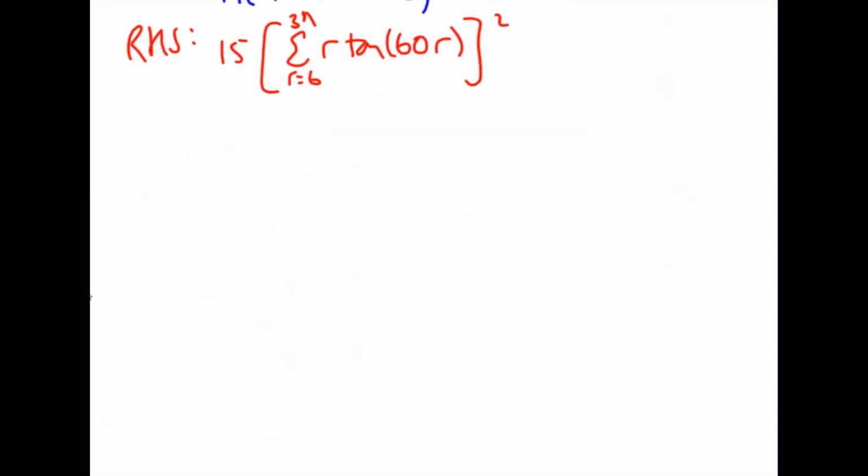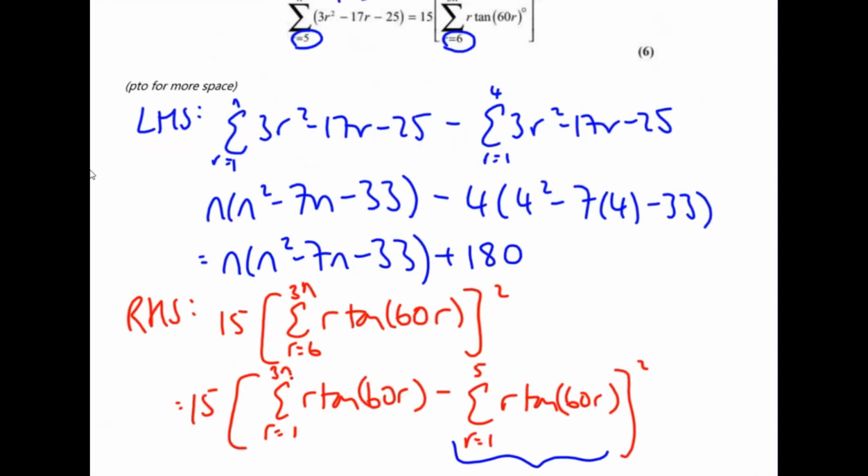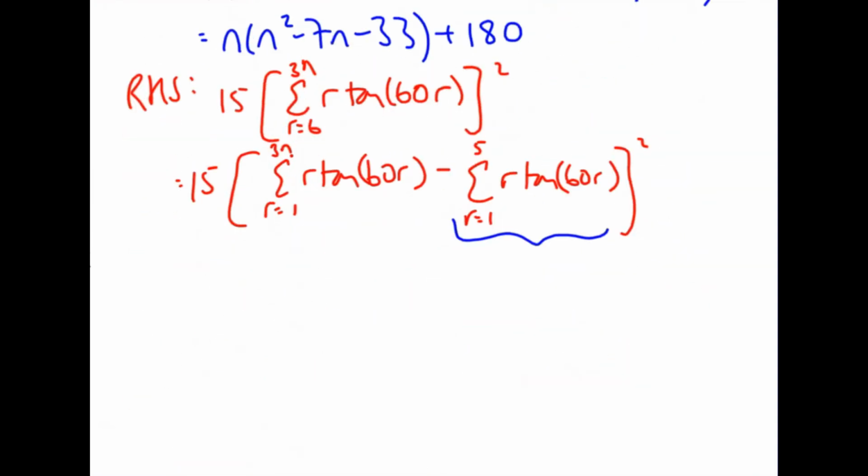So again, in here we need to write the sum from 1 again, minus the first 5 terms. The first 5 terms, we've already written those out and had them before I deleted them.